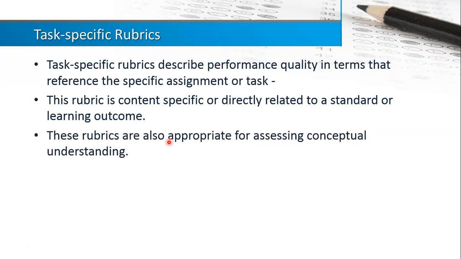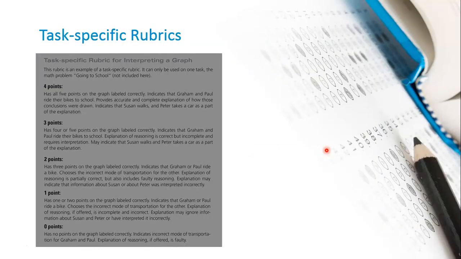Okay. However, you also need to remember rubrics are also appropriate for assessing conceptual understanding. So task specific rubrics can also be used for test-based assessment. Okay. So this one is an example of task-specific rubrics.